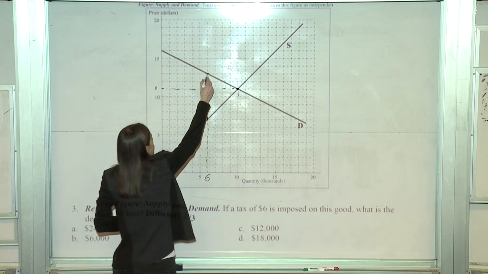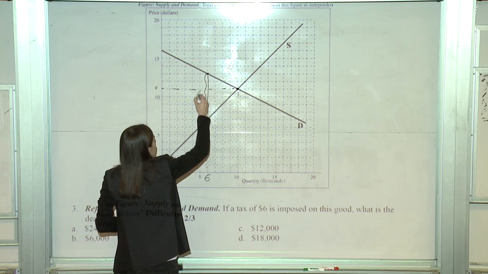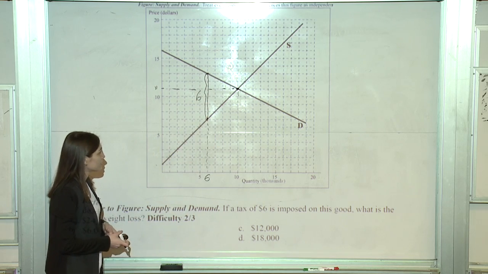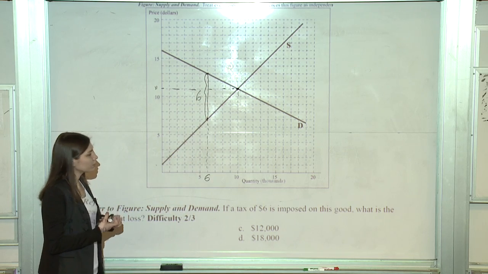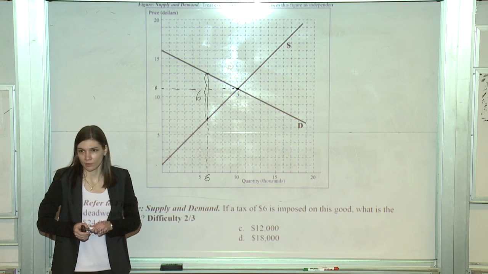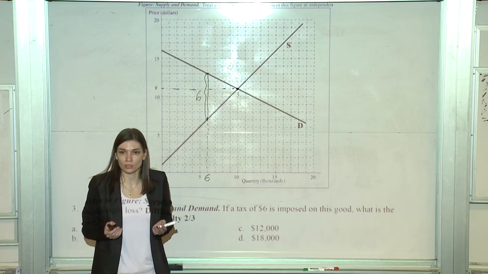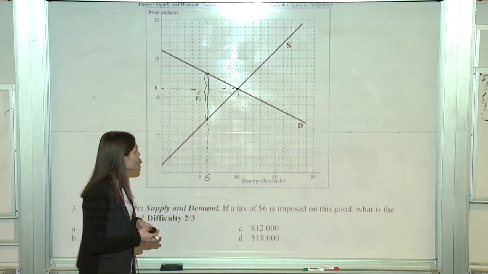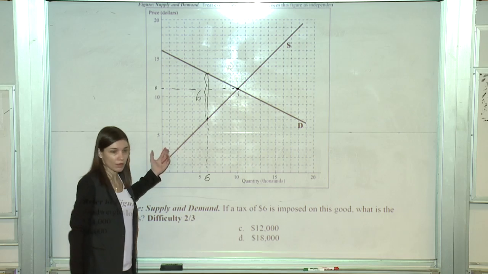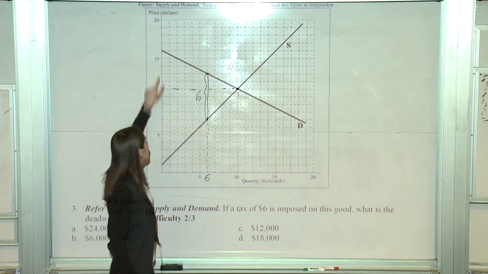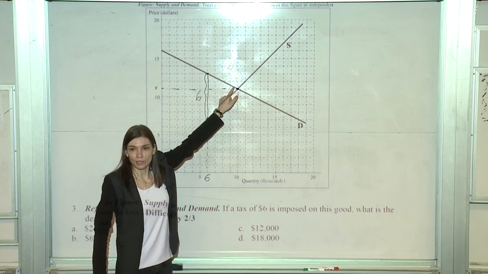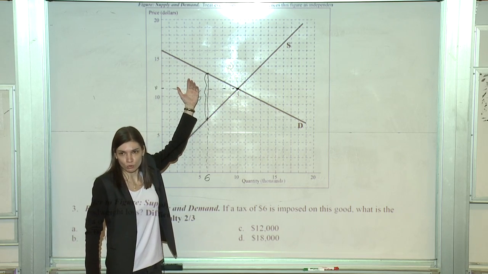All right, so we know this distance here is 6, because that's the amount of the tax. And then we're after the deadweight loss. The deadweight loss is the decrease in total surplus due to the tax. We know that total surplus, without any taxation, without any restrictions, would be the area of this big triangle. It would be the sum of consumer surplus and producer surplus.